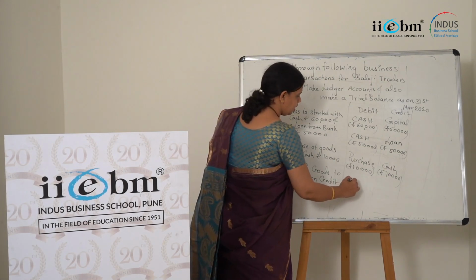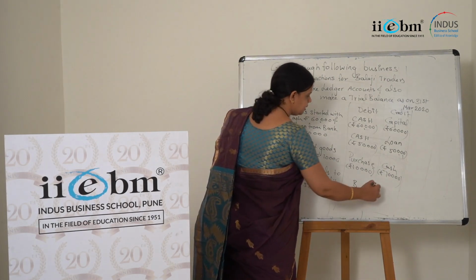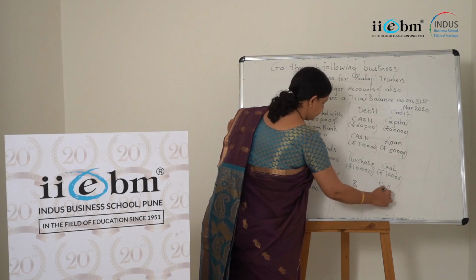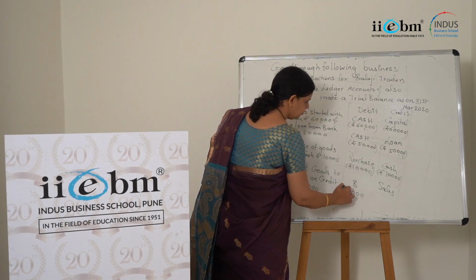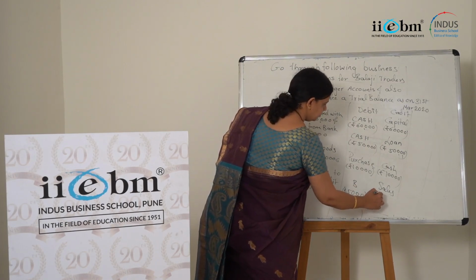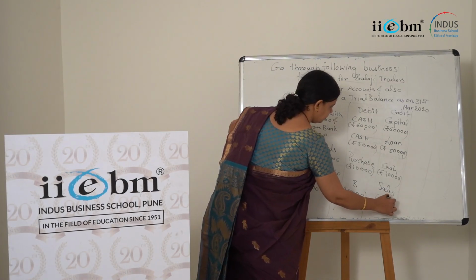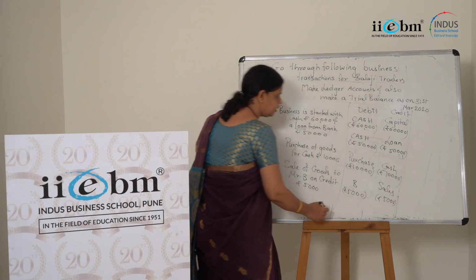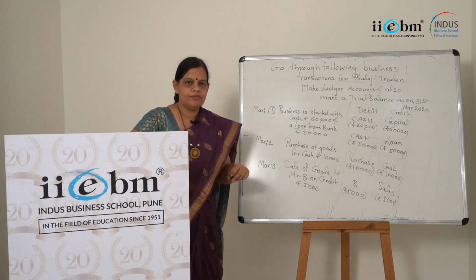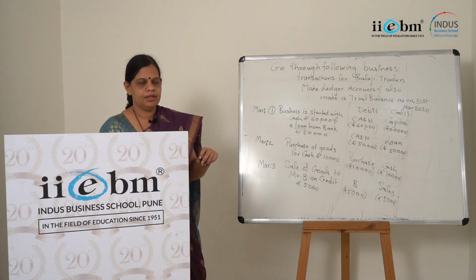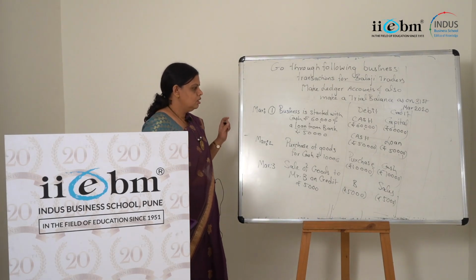So B account you will debit and sales account you will credit by how much amount? 5,000. Right? So only 3 transactions I am giving, so that we can do the ledger posting and we can make the trial balance. Okay.